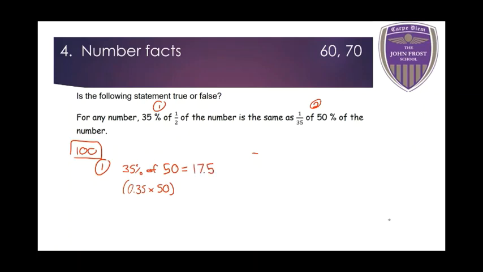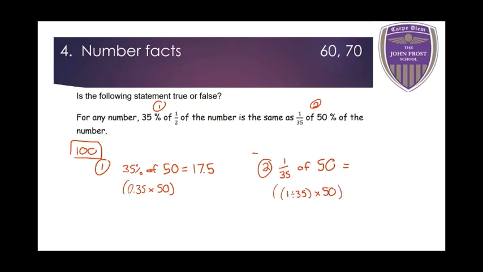Okay, fair enough. Now, next we need to find 1/35th of 50% of the number. Okay, so we need to find 1/35th of 50. Okay, now there's no easy way to do this in a calculator, but in a calculator, you could type 1 divided by 35 times 50.